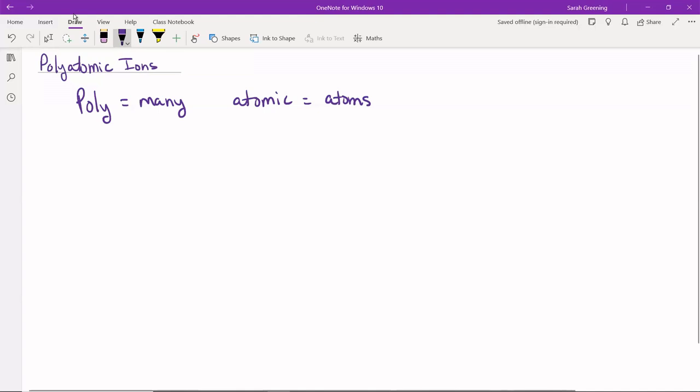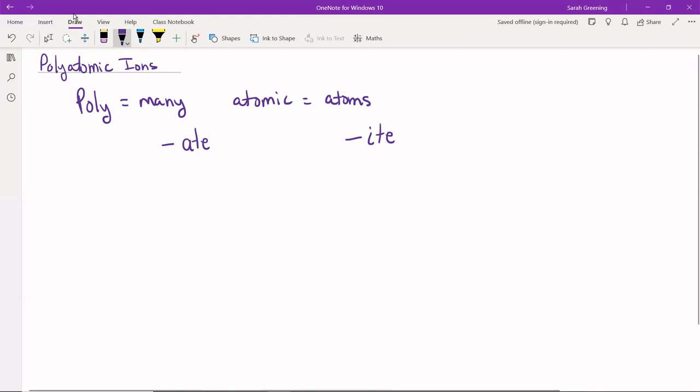One thing that you will notice about polyatomic ions is that often, not all of them, but many of them end with either ATE or ITE. Any polyatomic ion that ends with ate is typically going to have more oxygen atoms than if it were to end with ite.